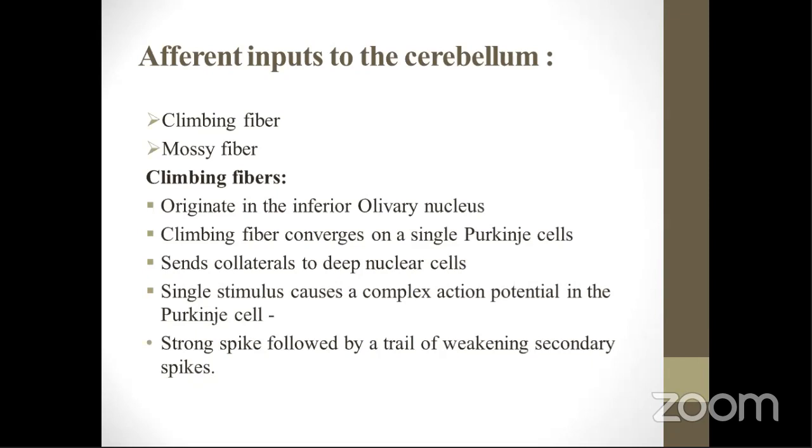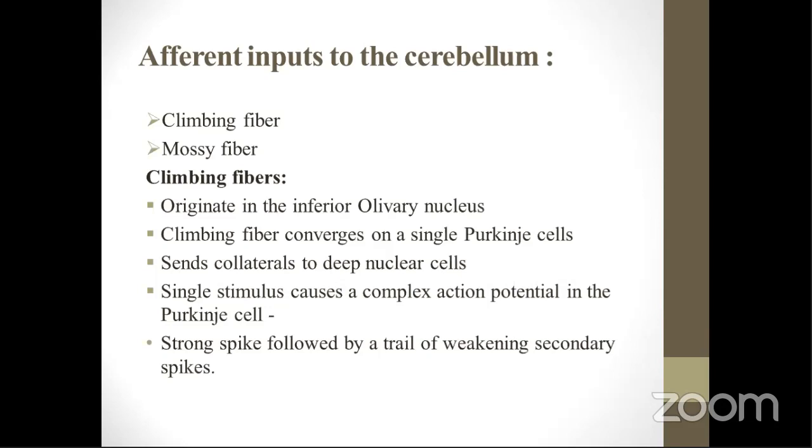Coming to the inputs of the cerebellum, which are the parts of neuronal circuits. In the previous picture, you have seen that there were two input fibers. The first one is the climbing fiber and the second one is mossy fibers. Now, what are these climbing fibers? These specially originate in the inferior olivary nucleus and they converge on a single Purkinje cell.